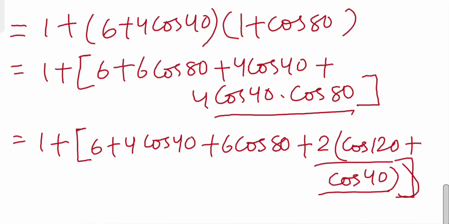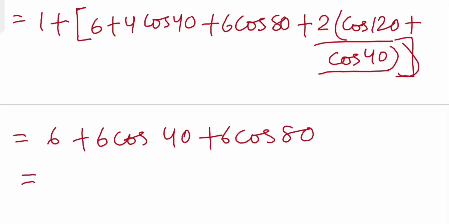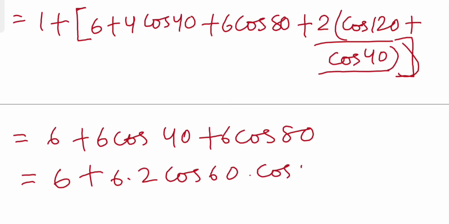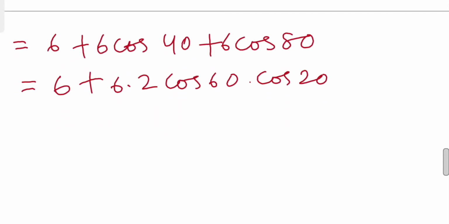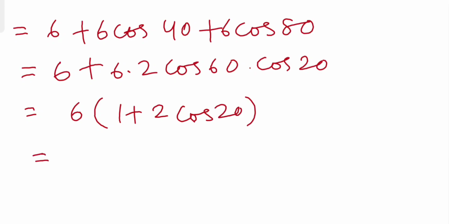So now 6 plus 6 cos 40 plus 6 cos 80. Then again using the formula, and then finally this is going to be 12 cos square 10.